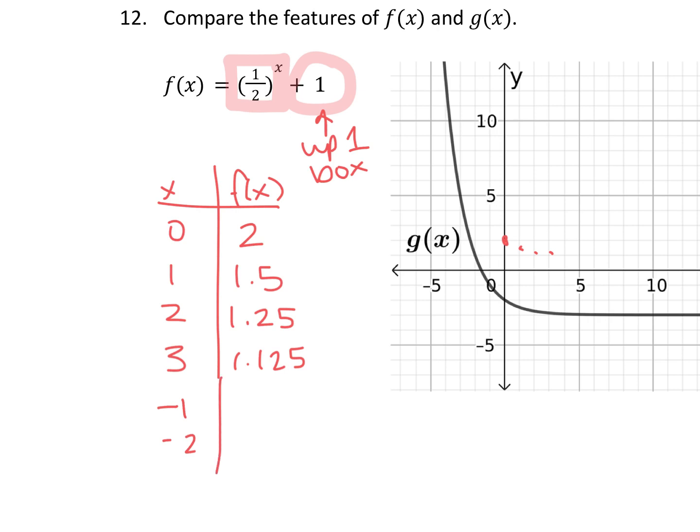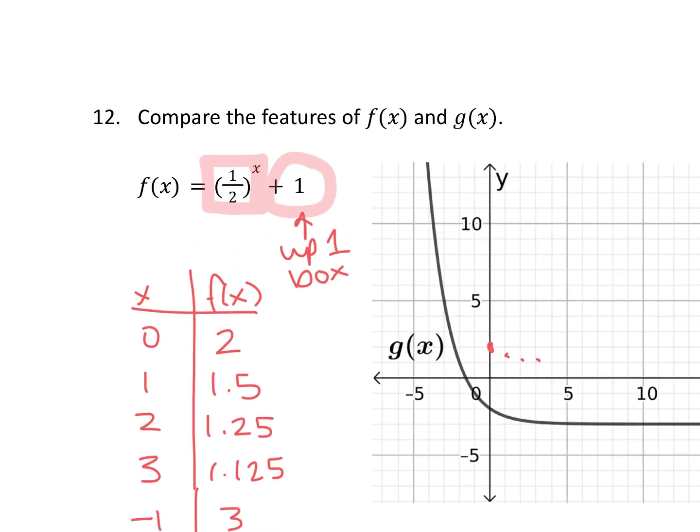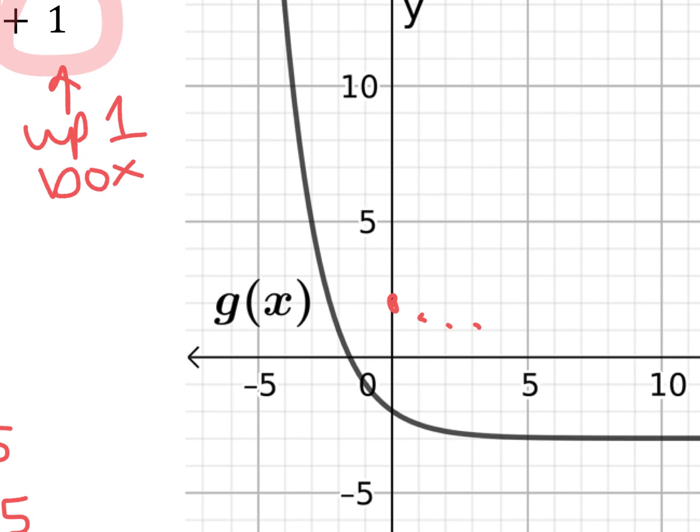When x is -1, 1/2 to the negative first power is 2. 2 plus 1 is 3. And then 1/2 to the negative second power is 4. 4 plus 1 is 5. So that'll give us some of our curve to the left. -1, we're at 3, and -2, we're at 5. So it looks like we're going like this.